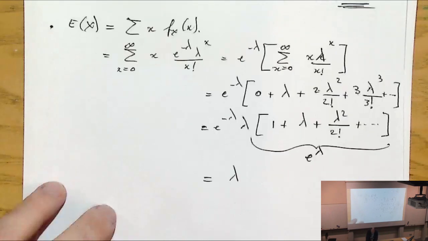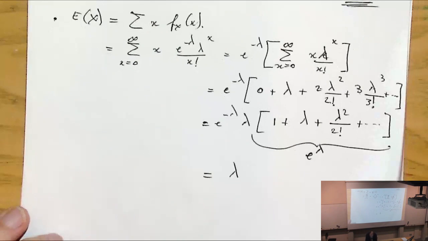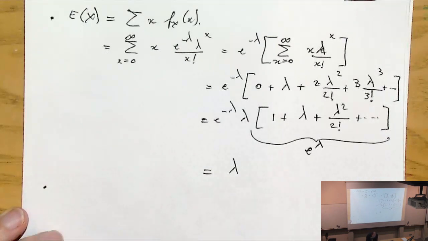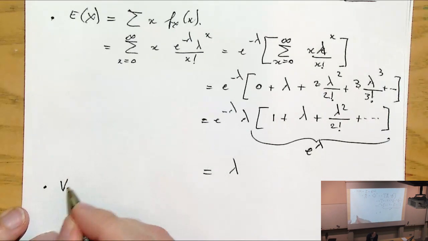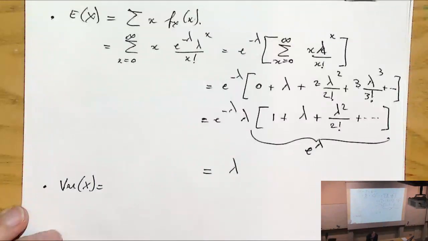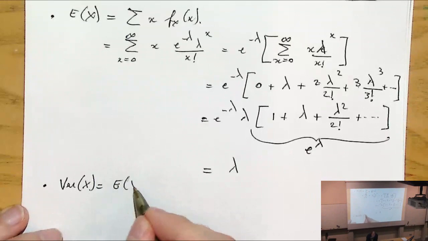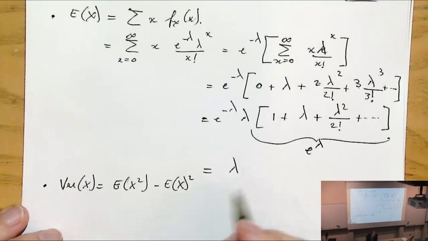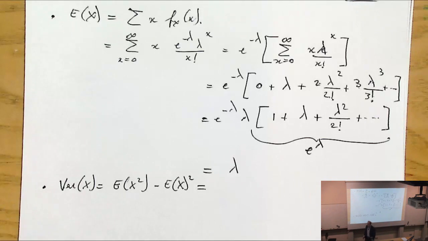So how can we compute the variance of x? The variance of x relies on a similar trick. What is the variance of x? It is the expectation of x squared minus the square of the expectation. I will not compute the expectation of x squared directly.